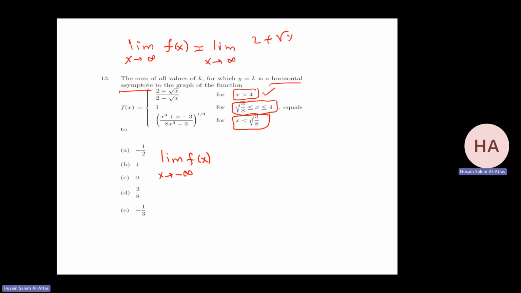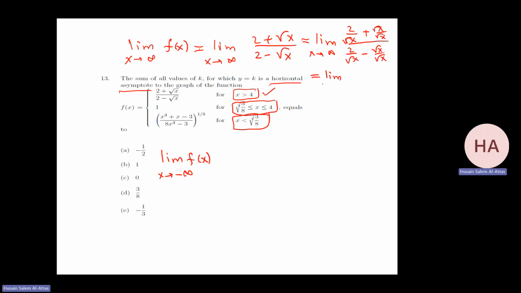2 plus root x over 2 minus root x. You can do it as same degree because the square root, we can deal with it like the polynomial. Or you can do this trick to see it better. Divide by square root of x in the numerator and the denominator to see what will happen.